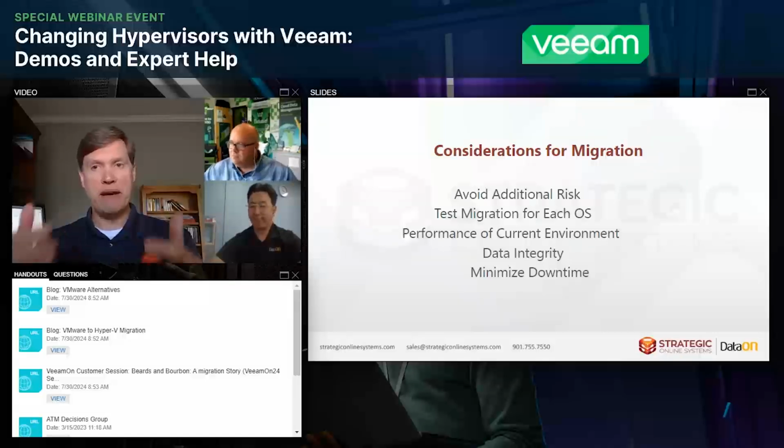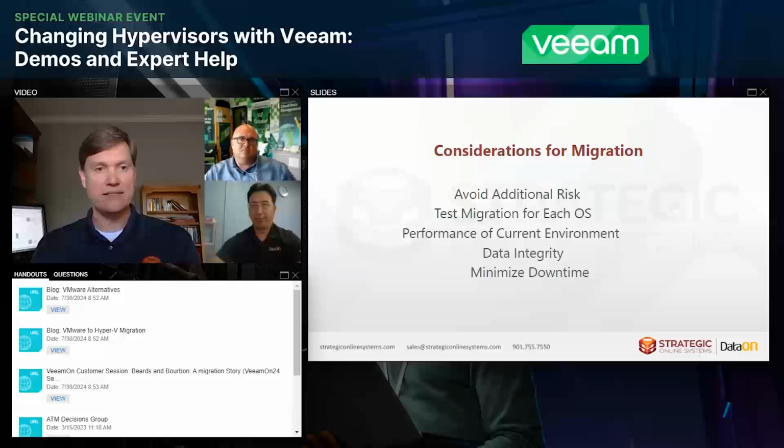And those migrations, actually, that OS acts very differently than a 2016 or even the 32-bit version of 2012. Because of the power of Veeam, we can test the migration of each OS without actually having downtime. So we work with our customer to put those into a sandbox, or what we like to call the bubble, if you've been a customer of ours.